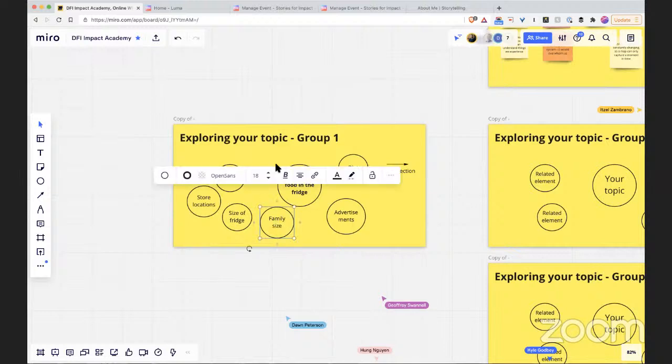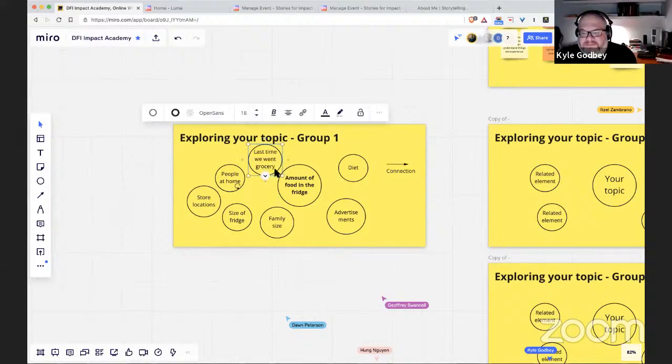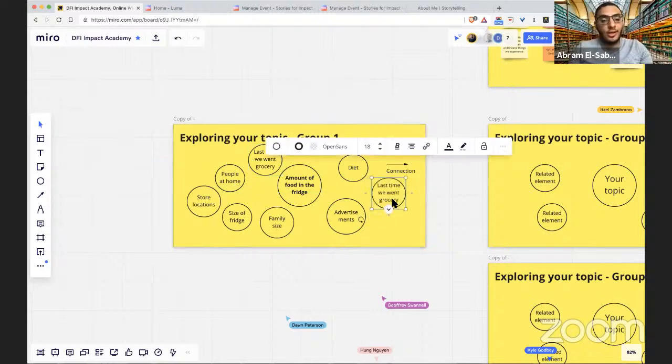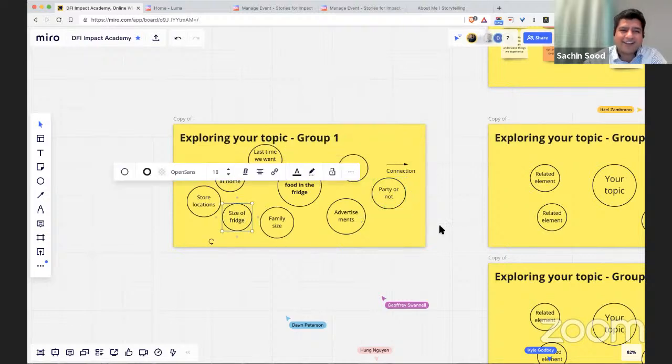Last time someone went grocery shopping. Income. I would say as well whether we've invited anyone over, like a party. Size of the refrigerator. Oh, that's already captured.